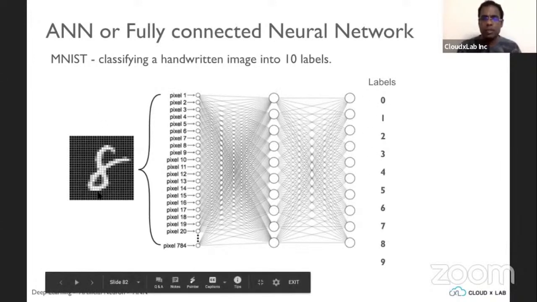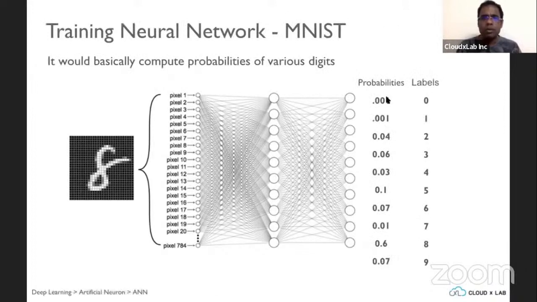That's how it works. What you want is for this neural network to output a set of probabilities. I'm going to feed in these pixels from this side, and on this side I will get a bunch of probabilities: what's the probability of this being a zero, a 1, a 2, and so on.